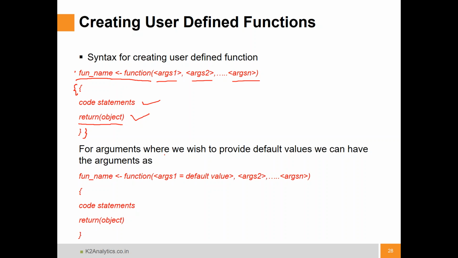Like stringsAsFactors, we have not been using it across all the read.table syntaxes. When we don't use a parameter, a default value is assigned. If you don't supply a value, the default takes precedence. If you supply a value, your value takes precedence. Similarly, when you create your functions, you can have default values for some or all parameters, depending upon your requirement. So this is the other way of writing a function.